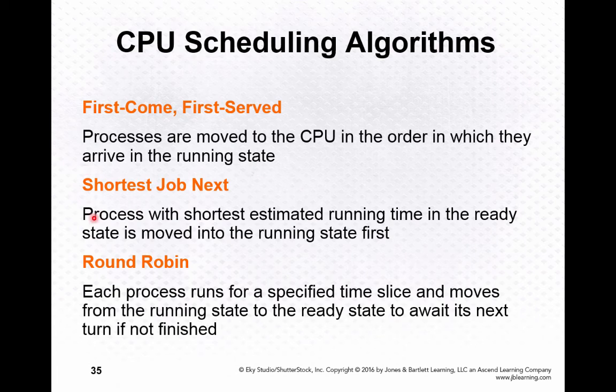I think the most common one being used is the round robin approach, and round robin is different than these two in that it is preemptive. You divide the CPU time into some quanta, some time slice, and so maybe after every so many milliseconds, you just interrupt it wherever it is, and you swap another program from ready into running. And you cycle through them, kind of in first come, first serve order.